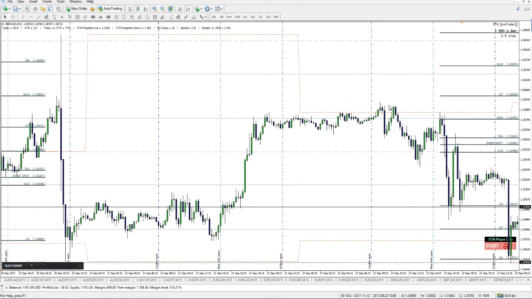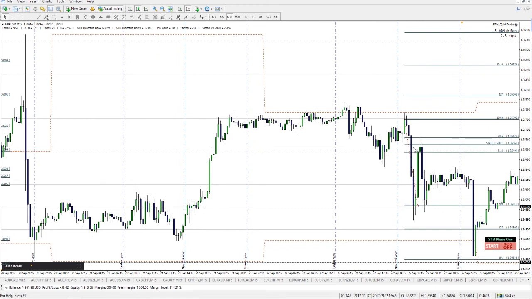This wasn't a big move down, but London showed you it was going down. And here you even have a couple of trades. You could have entered, let's put the 30 pips there.